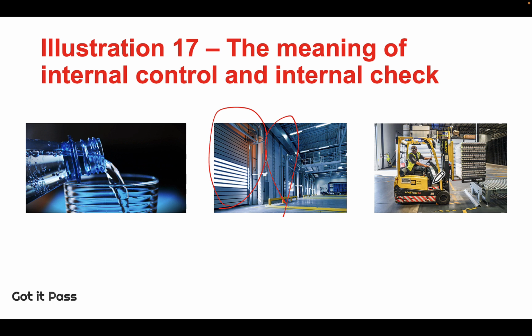That means we have the physical controls, by putting the bottled water into the warehouse with the door locked, as well as the regular inventory counts. But for internal check, we have to ensure the person responsible for inventory counts is not the same person who puts or stores the goods in the warehouse.